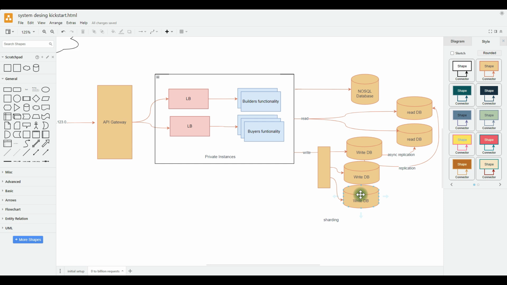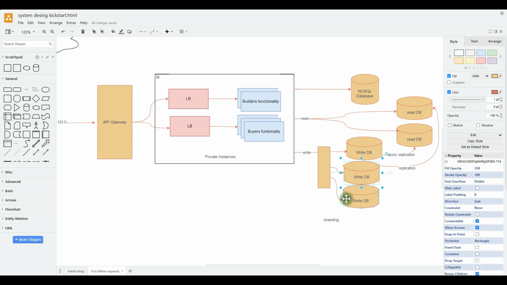A lot of data is coming in, and when some celebrity who has a huge number of followers posts something, the fan out, the number of people reading the data, will be a lot compared with someone who has fewer followers. So I can have this kind of categorization for sharding also, and I can name them shard 1, shard 2, shard 3, right? Based on that, I can have different shards available.